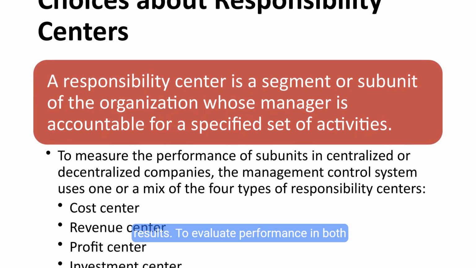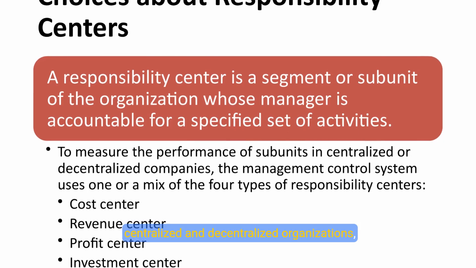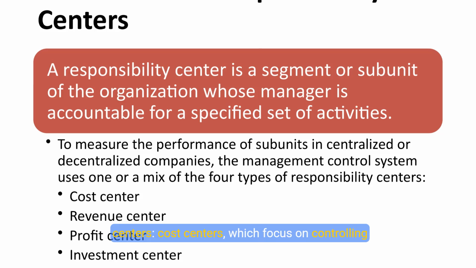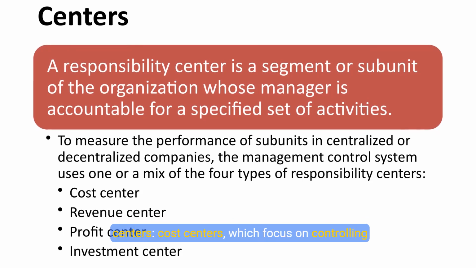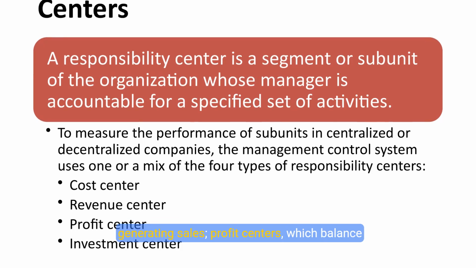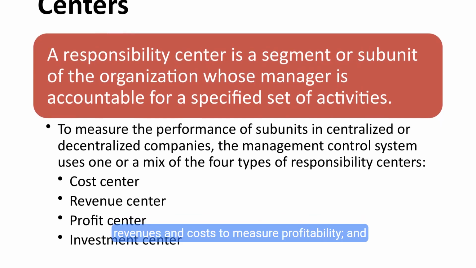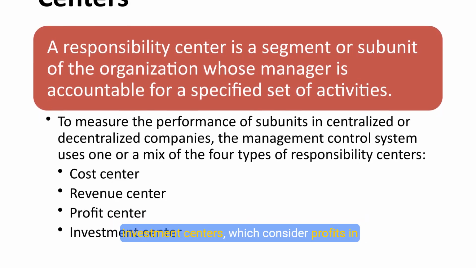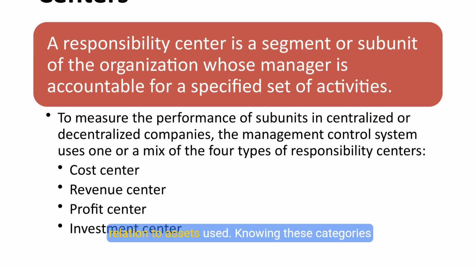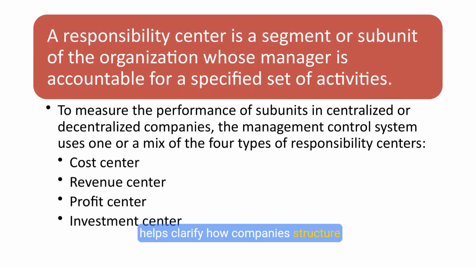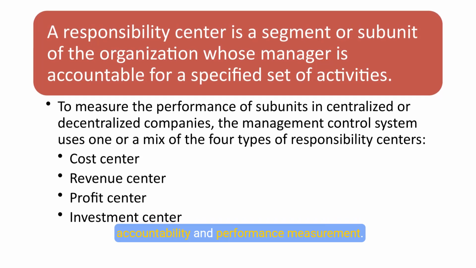To evaluate performance in both centralized and decentralized organizations, companies use four main types of responsibility centers: cost centers, which focus on controlling expenses; revenue centers, which emphasize generating sales; profit centers, which balance revenues and costs to measure profitability; and investment centers, which consider profits in relation to assets used. Knowing these categories helps clarify how companies structure accountability and performance measurement.